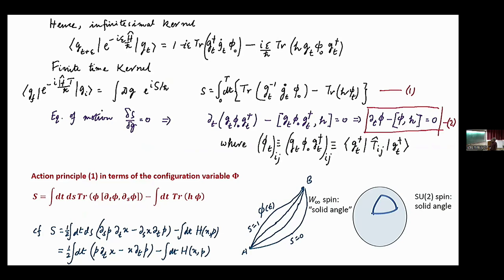The equation of motion is given by this, and surprisingly, or in fact not so surprisingly, if you know the story of how the SU(2) spin is handled in this fashion, the equation of motion can be written entirely in terms of this phi. Remember what I am doing?